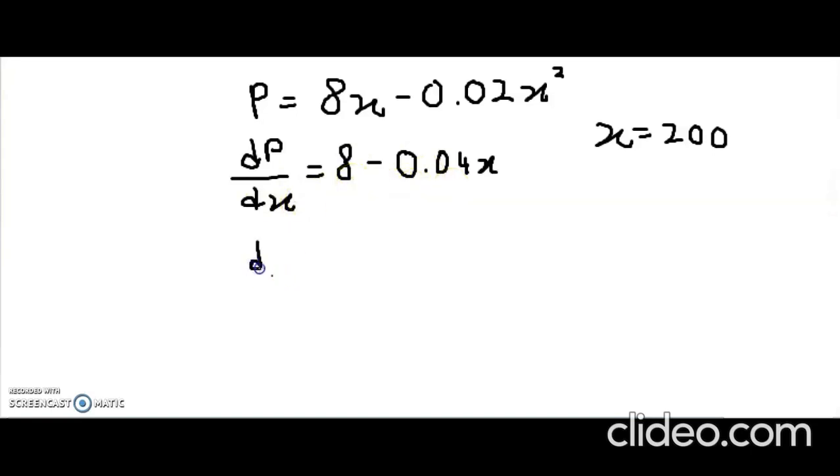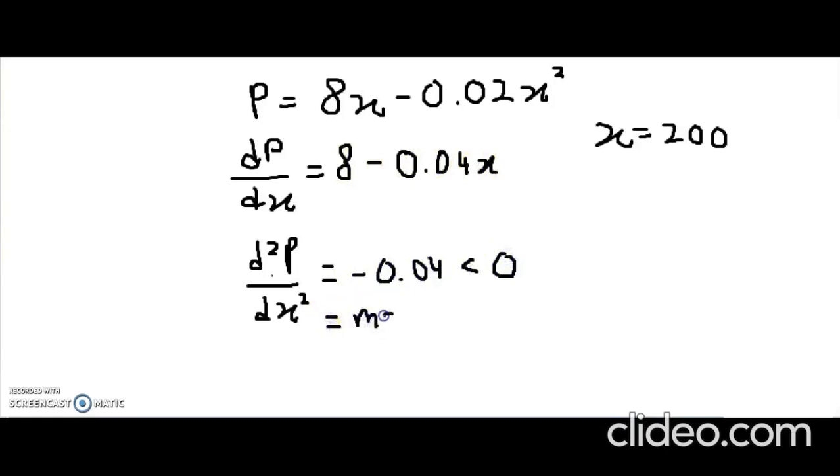So we differentiate, which gives us negative 0.04, which means less than 0. So we know that this point is a maximum value.